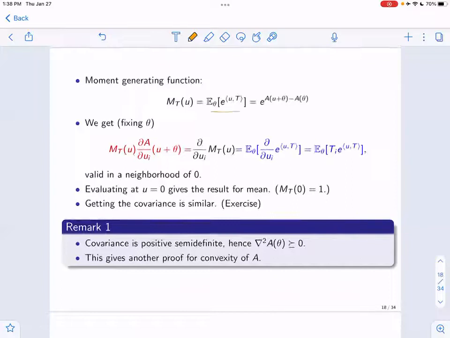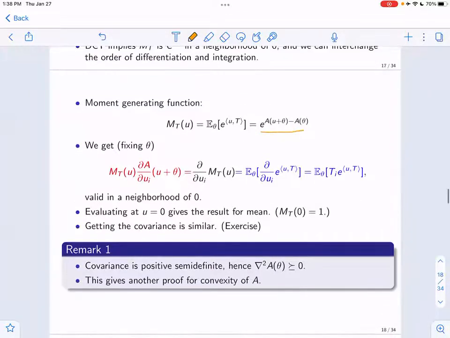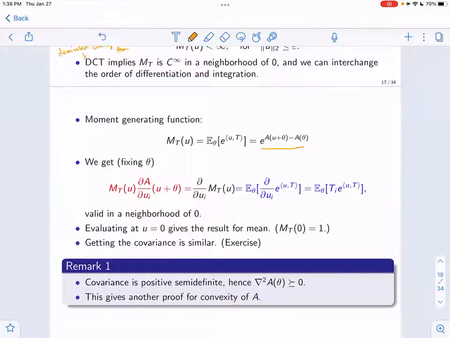Okay, so that's the formula we had. So we're going to take the derivative. If I take the derivative of this side with respect to u, what do I get? Let's say with respect to u_i.